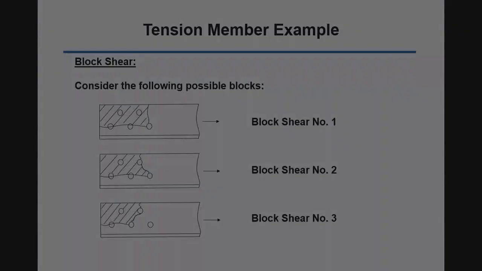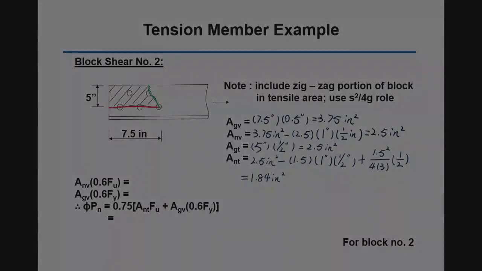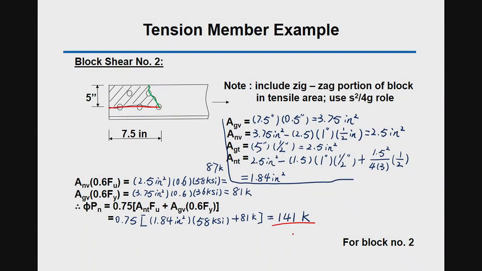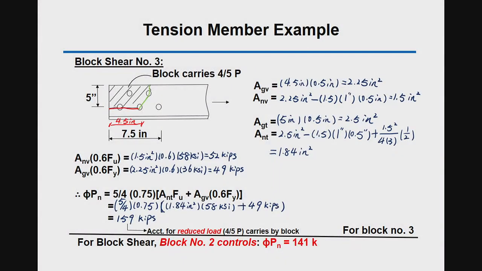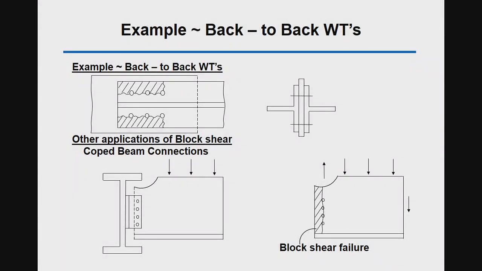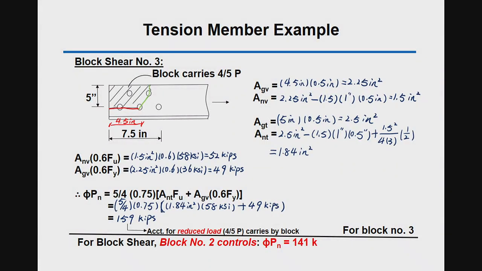So we can see the smallest VPN would be 141 based on the number 2 block shear failure. Okay, so eventually the VPN for the double angle tension member equals 141 kips.